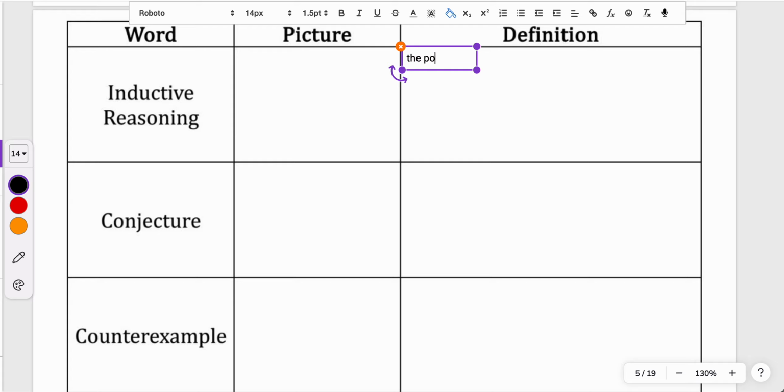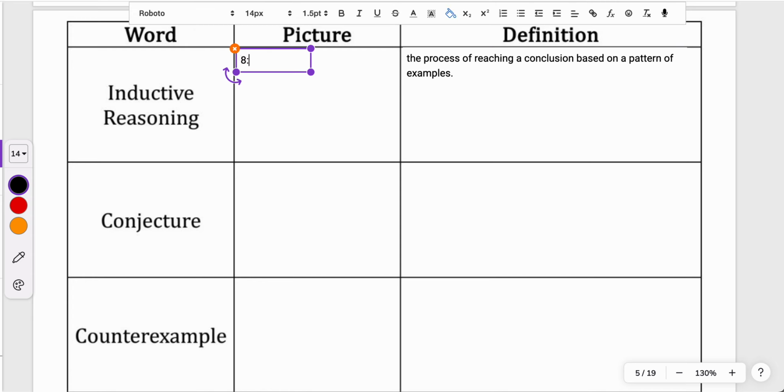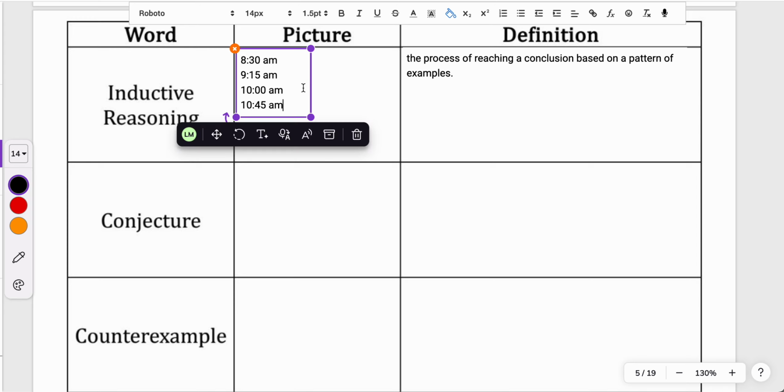Inductive reasoning is the process of reaching a conclusion based on a pattern of examples. So for example, let's say I have the times 8:30 a.m., 9:15 a.m., 10 a.m., and 10:45 a.m. These are examples of appointments.